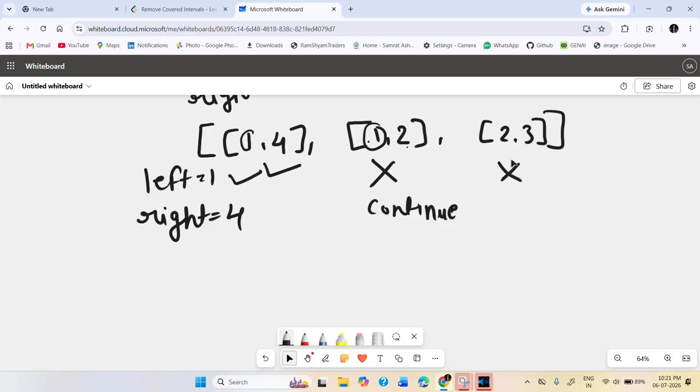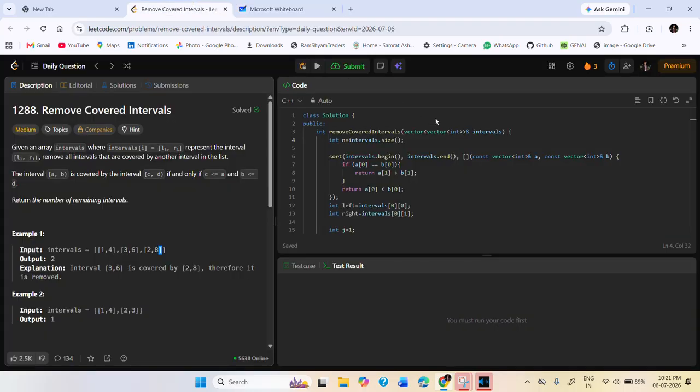So let's understand the code. Here is the solution for this problem. First we find n, the size of the given intervals, and then we write the sorting function. As we have discussed, first we sort the intervals in ascending order on the basis of their first element, the zeroth index, and if their zeroth index is the same, then we sort in descending order on the basis of their second element, the first index.